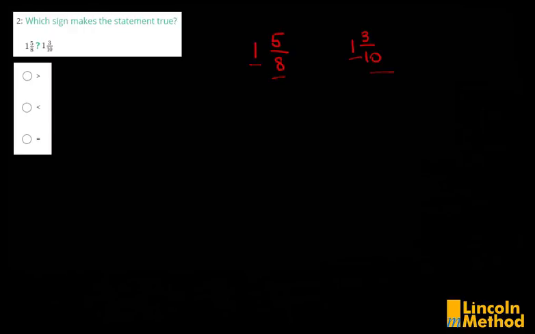Now the possible ways to do that is we can either increase this denominator right here in such a way that we have 10 here instead of 8, or we can simplify this denominator right here, or in fact the whole fraction, in such a way that this denominator that we have right here simplifies into 8.